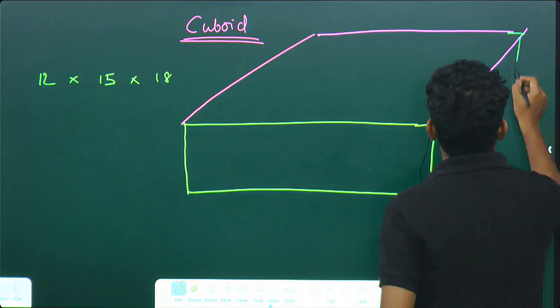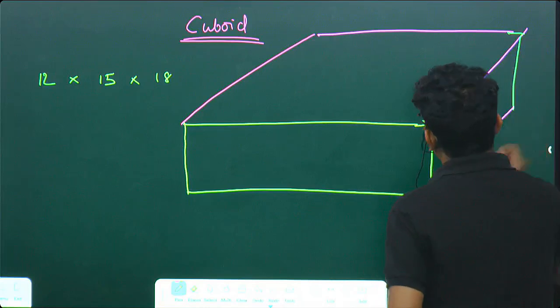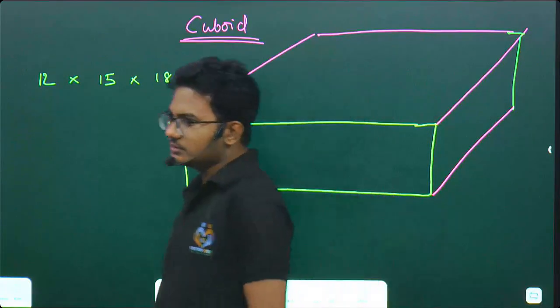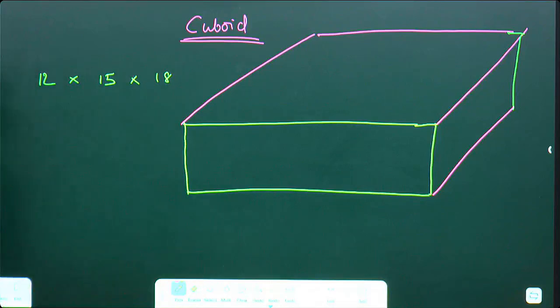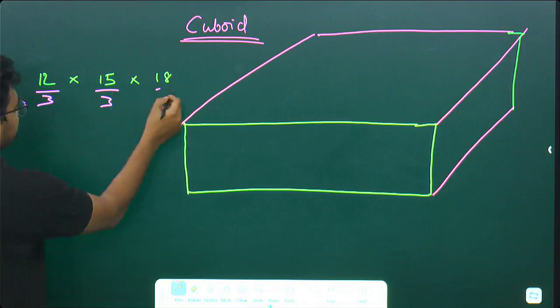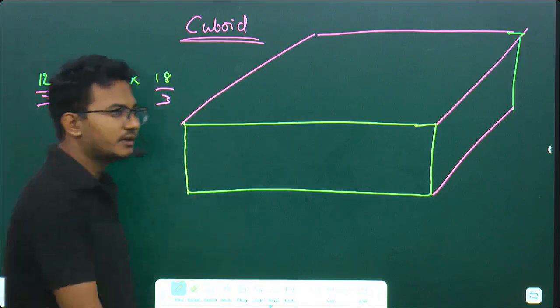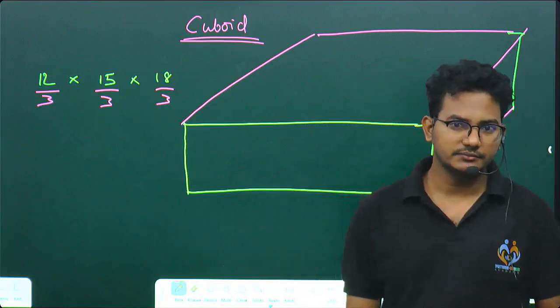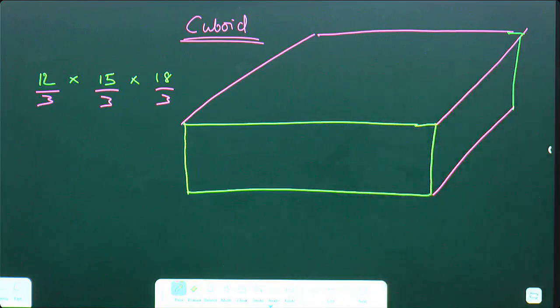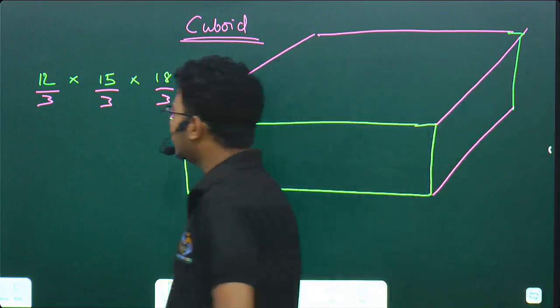Now I want to cut this cuboid into small cubes of length 3 centimeters. So 3 centimeters, 3 centimeters, 3 centimeters.